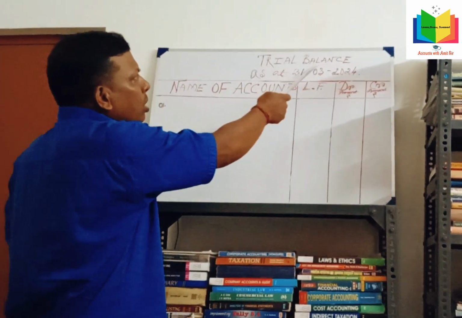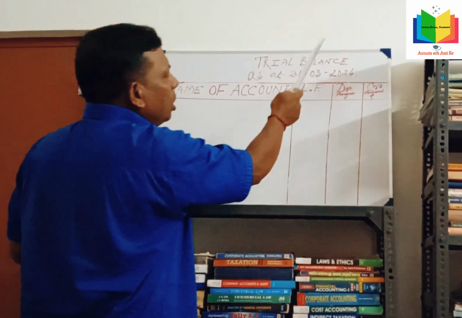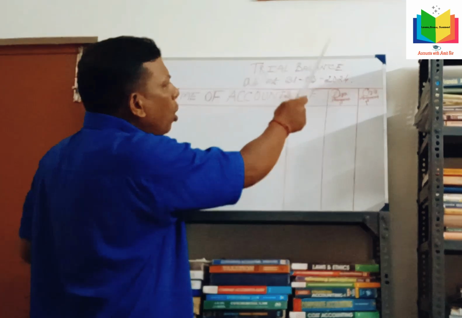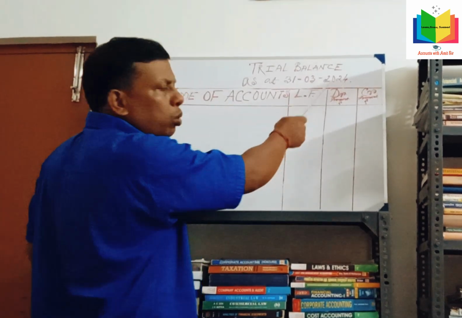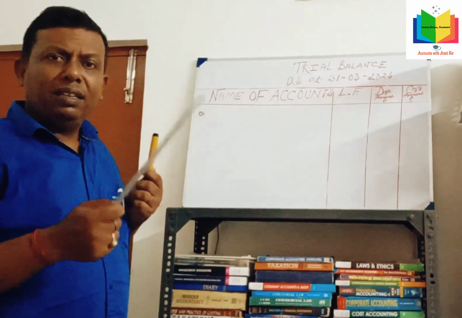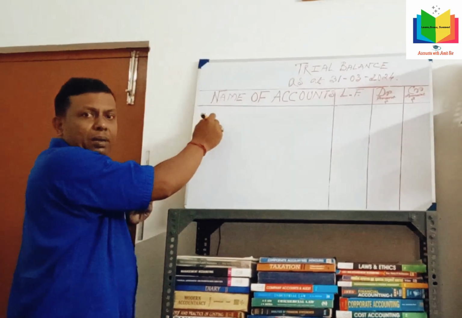At the start, you write the trial balance as at 31st March 2024 or maybe 2023 or 2022, whichever is given in the question paper. Then you write the serial number.